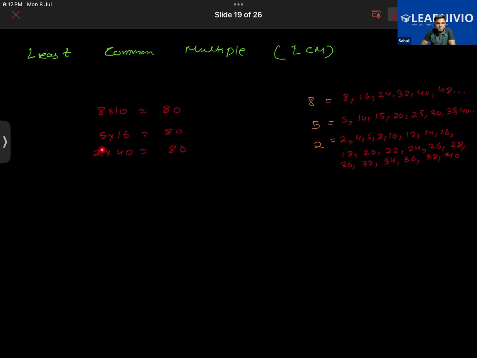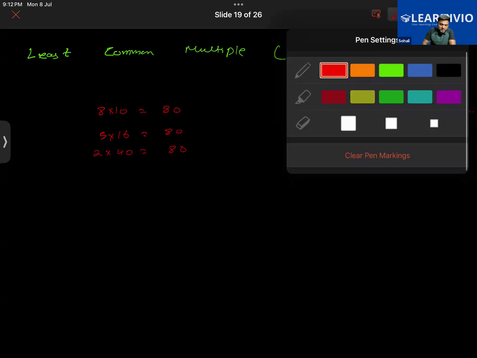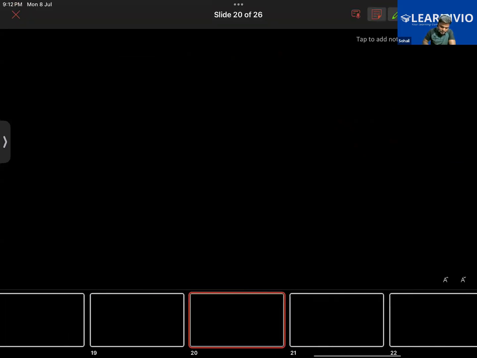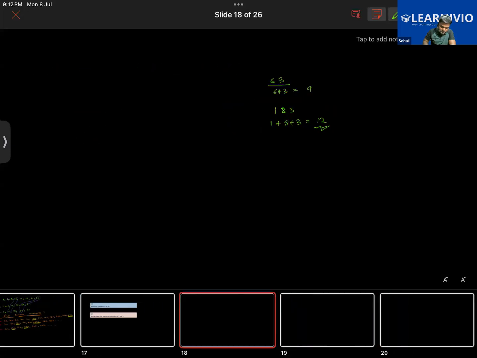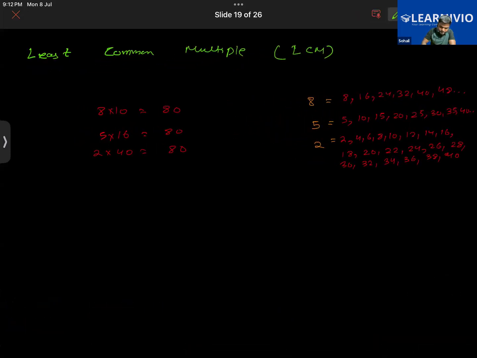Getting it, guys? But the special thing we have observed about the number 40 is that it is the smallest common multiple of the numbers that you see over here.